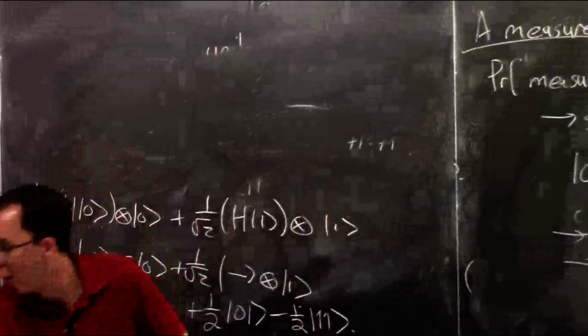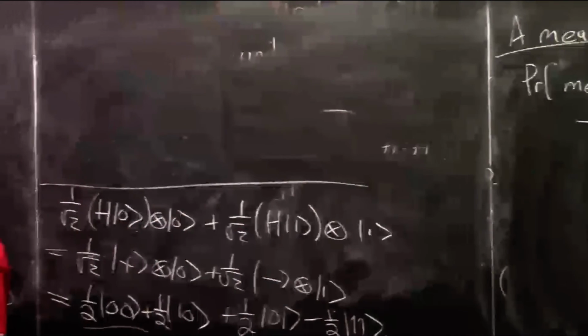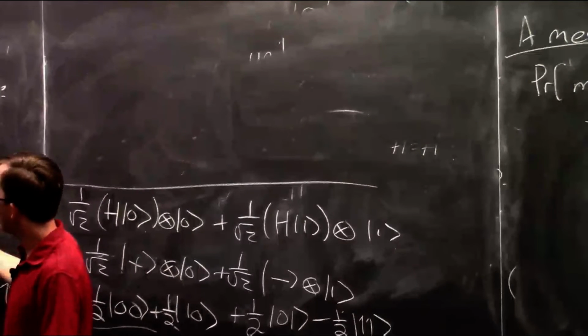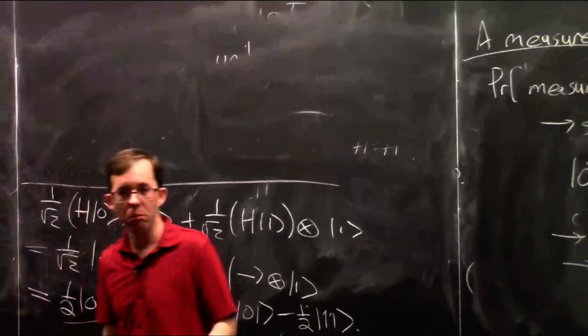Just continuing, now I know what |00⟩ is, it's this. Now I know what |11⟩ is, it's this. So I'm just going to add up this with coefficient 1 over root 2, and this with coefficient 1 over root 2.